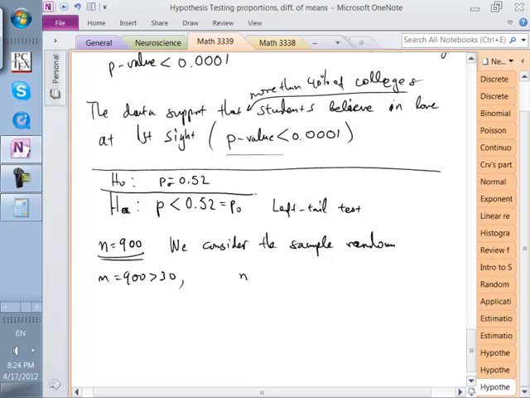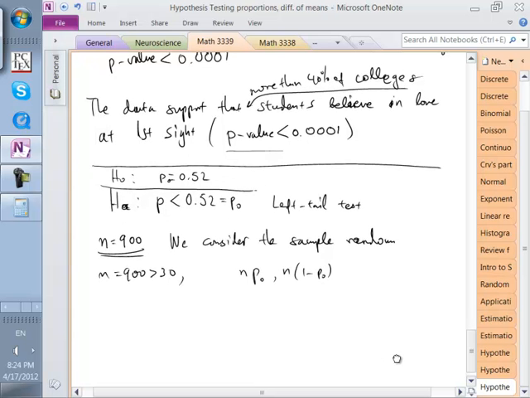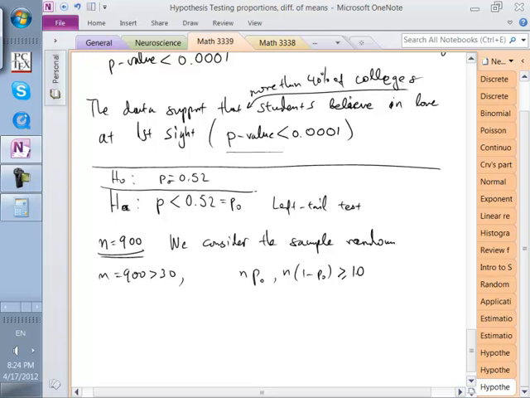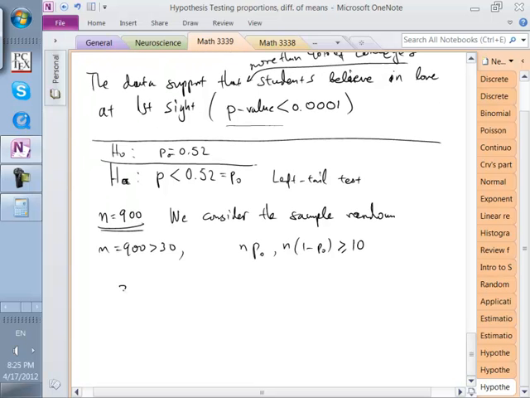So we're okay. And also P is close to 0.5, so n times P sub 0, and of course n times 1 minus P sub 0, are both greater than or equal to 10. So I can proceed with my Z statistic.